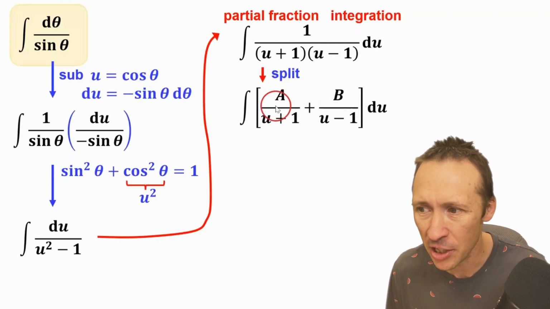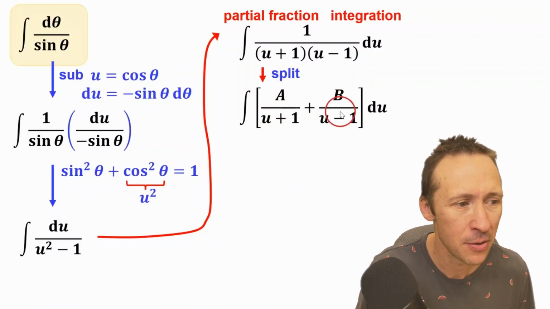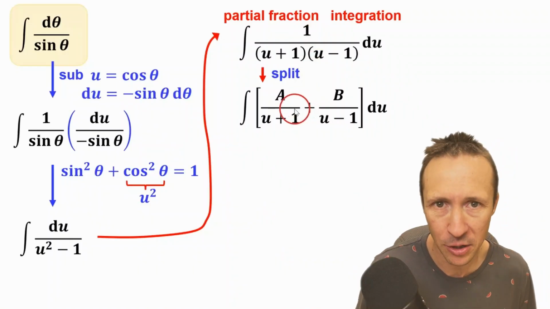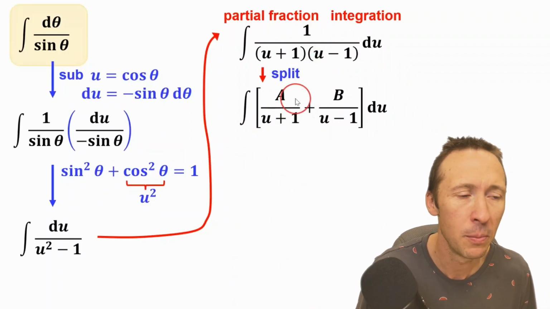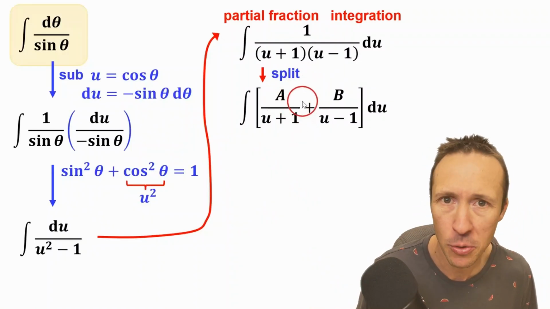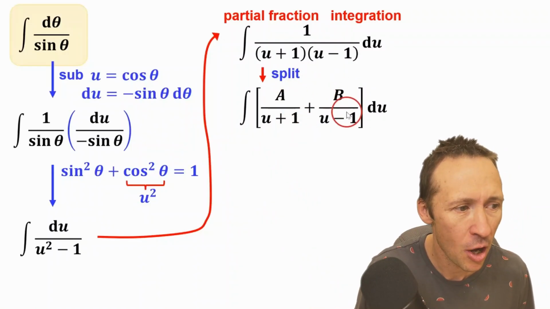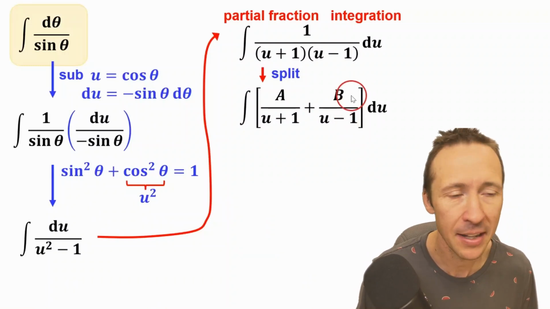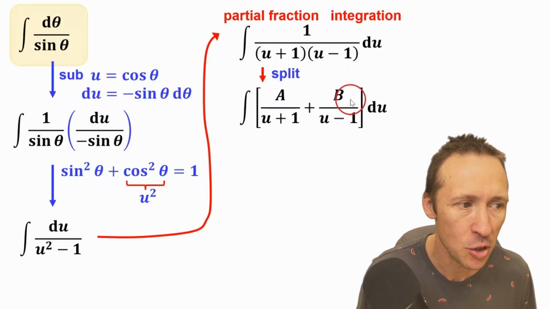Now, if we imagine bringing these 2 fractions together, merging them and making one big happy fraction again, we need to find a common denominator. So this left term will multiply top and bottom by u minus 1, so we'll have a times u minus 1. And we'll multiply the top and bottom of the other term by u plus 1 to get the common denominator, so it would be b times u plus 1.